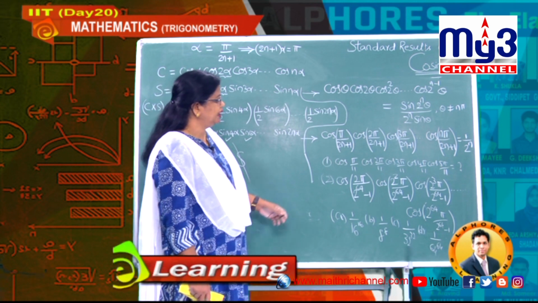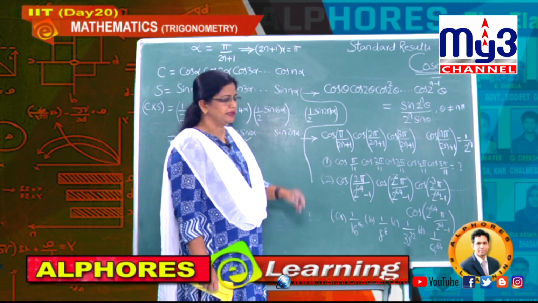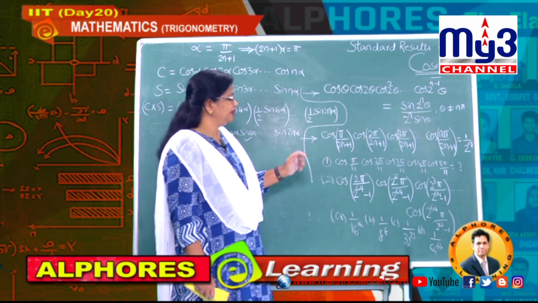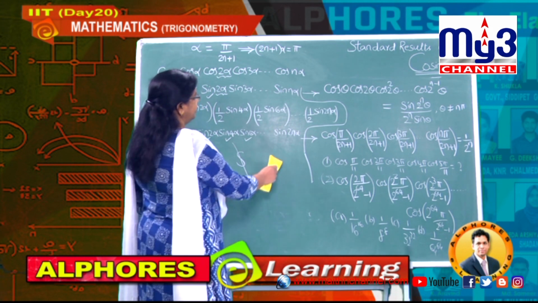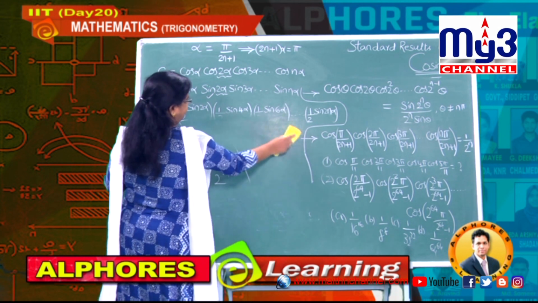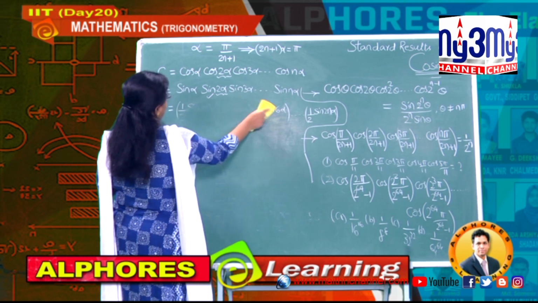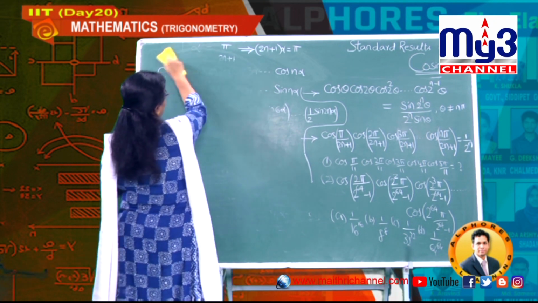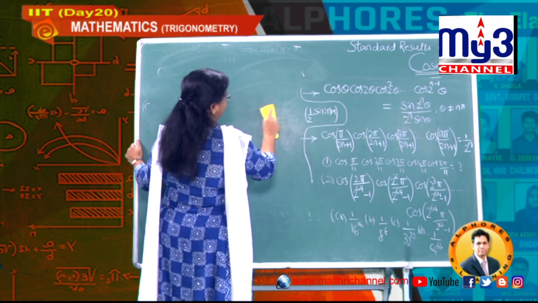Now have a glance at these two examples. Students, observe these two examples and how you can make use of the above results to solve the problems. Observe carefully, students.